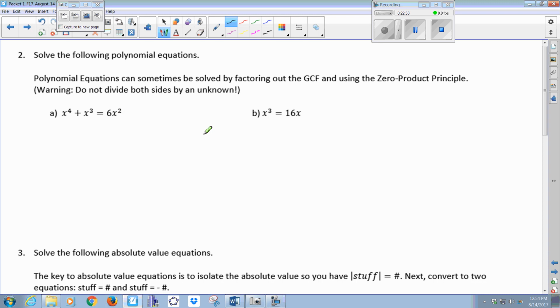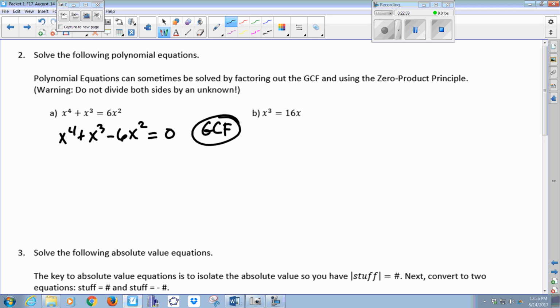Okay. So the first thing you want to do is you always want to set any polynomial equation equal to 0. Because if you can solve it, the only way you're going to be able to solve it is by factoring it. In this case, you have your greatest common factor, which is really your greatest common friend, because it's going to get you to the solution very quickly.